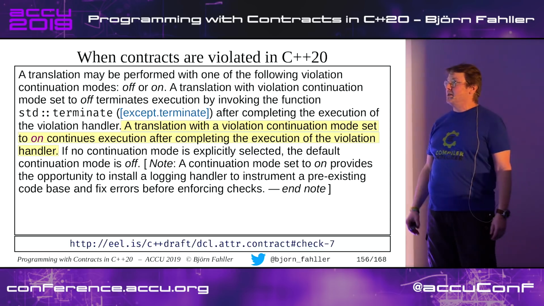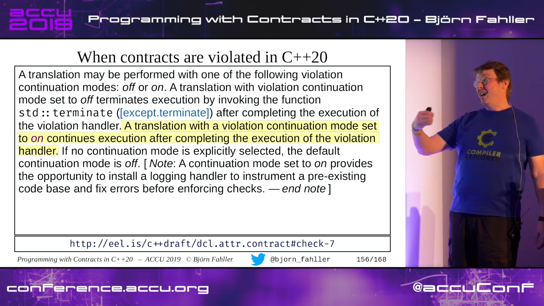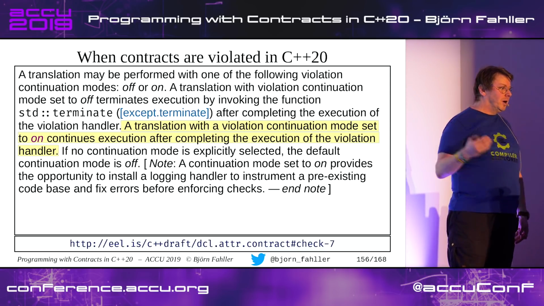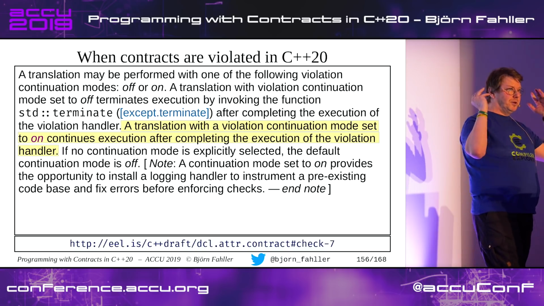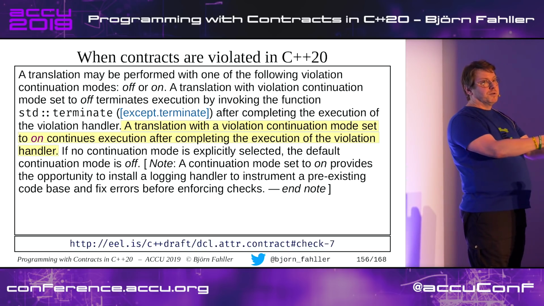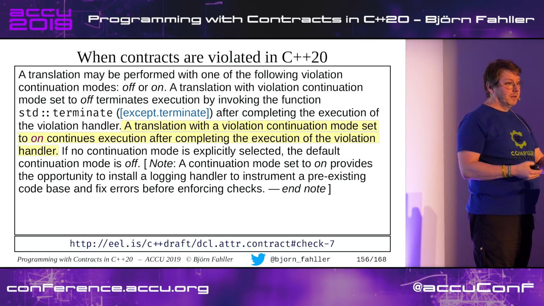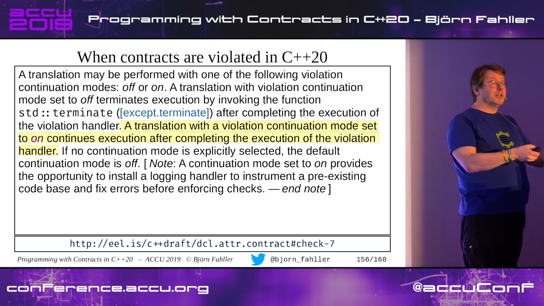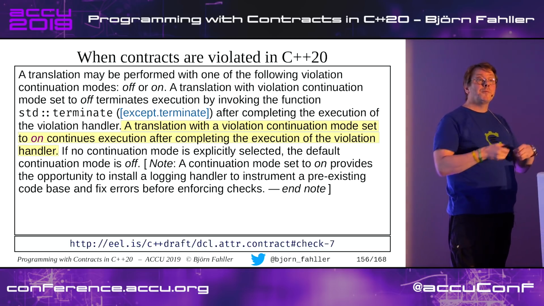John's observation is that even though you can use this for testing, that is not the purpose for having it there. The purpose is for being able to add a bunch of contracts to existing code and observe what happens. Observe if you do have contract violation in a program that, as far as you know, behaves correctly.